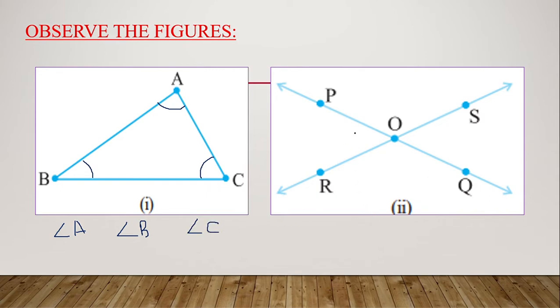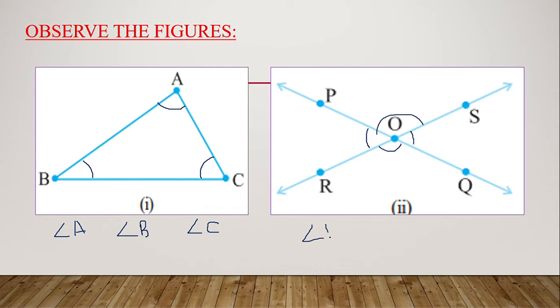Now here two lines are intersecting at a point and we can see four angles, 1, 2, 3 and 4. Let's name these angles. How will we write them down?